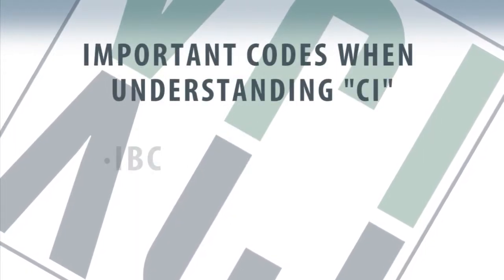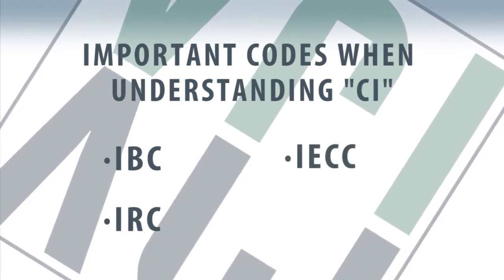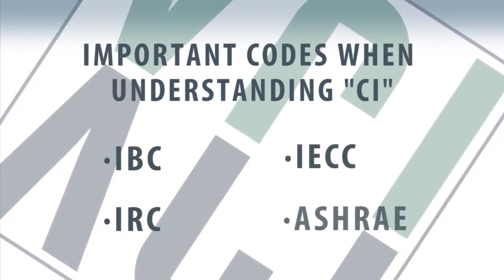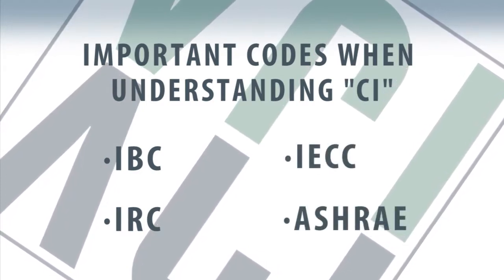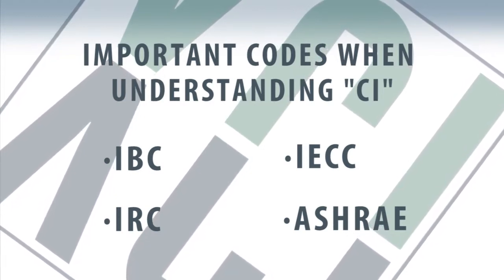The code compliances that go along with continuous insulation, and the organizations that play a part in the requirement of continuous insulation, would be the IBC, the IRC, the IECC, and ASHRAE. And how they all fit into the mix can be a jumble of the alphabet.